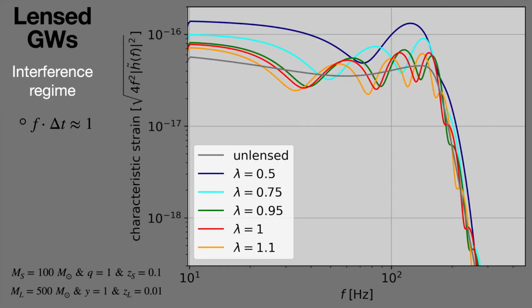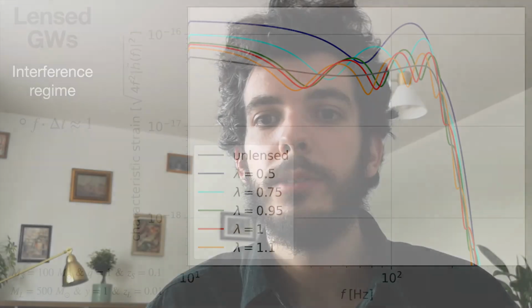And the distinctions are also straightforward to see if we look at the frequency domain. So in this regime, even better than in the wave optics, we can clearly see the difference when we change lambda, meaning that we are able to break the degeneracy. The problem now is to establish how well we are able to do that.